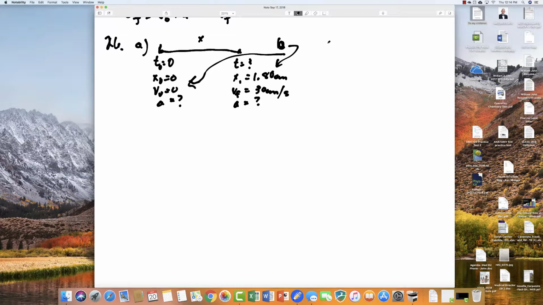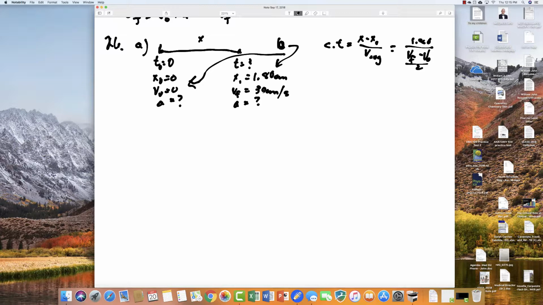So the question is, what is T? We know that it goes from x0 to x over a period of time, and this is based on the average velocity. We know that x minus x0 is 1.80 centimeters, and the average velocity is the final velocity plus the initial velocity divided by 2.